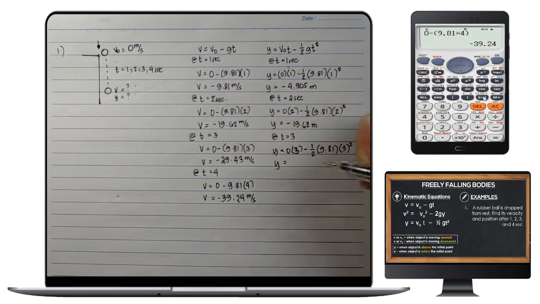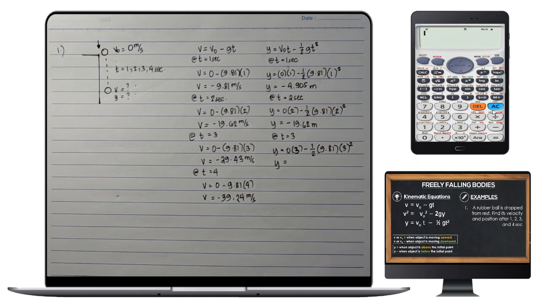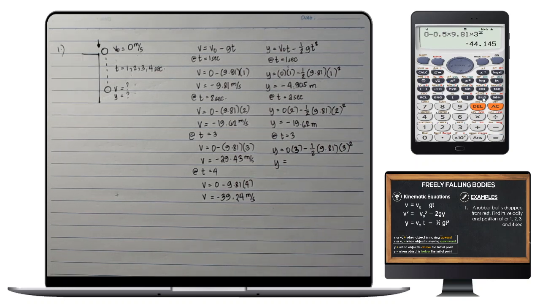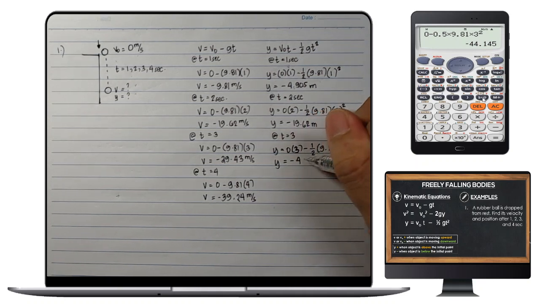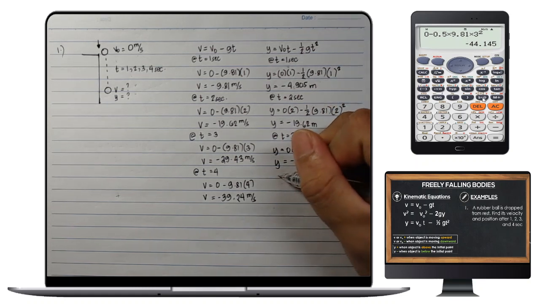So ang y natin is, let's say 0 times 3, so 0 pa din yan, minus 1 half times 9.81 times 3 square equals negative 44.145 meters. So negative kasi again nasa ilalim pa din siya.